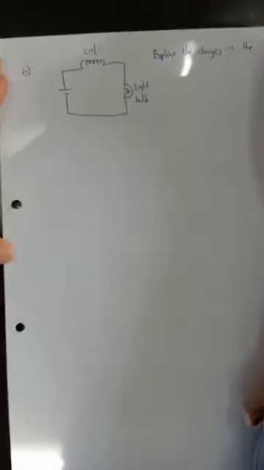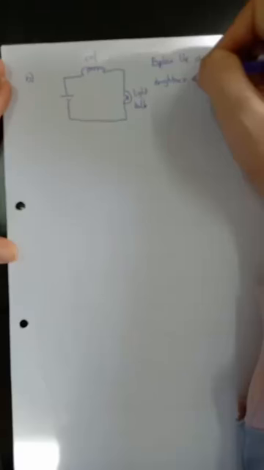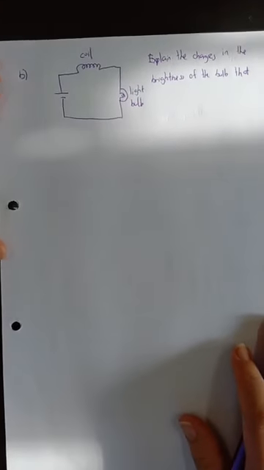Explain the changes in the brightness of the bulb that could occur when an iron core is inserted into the coil.